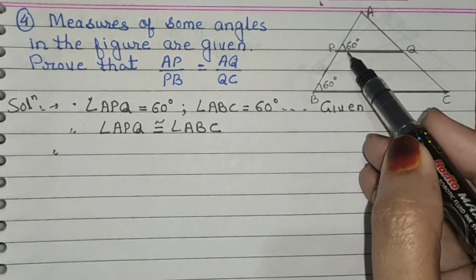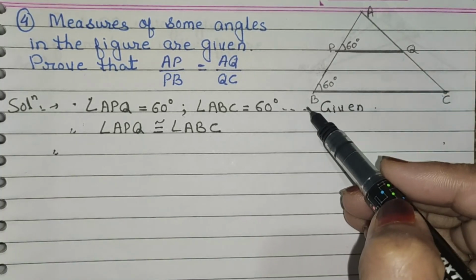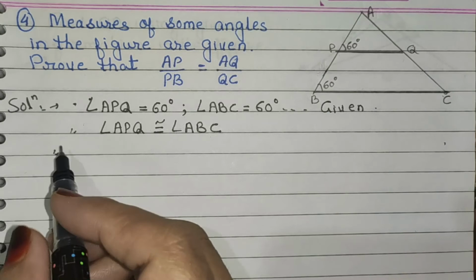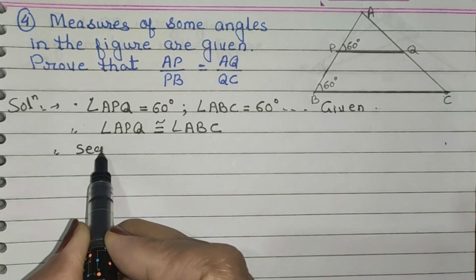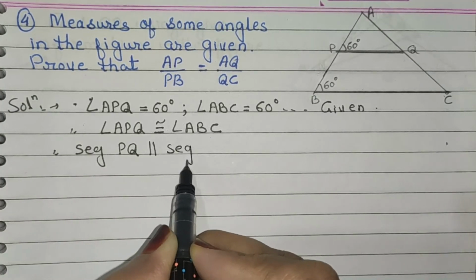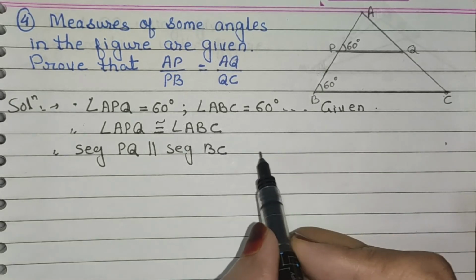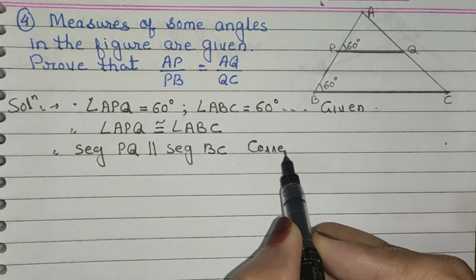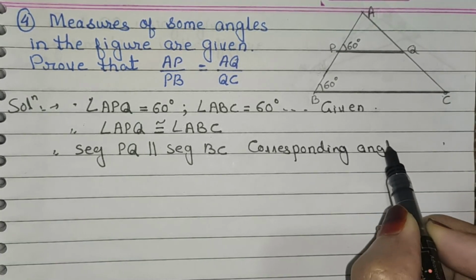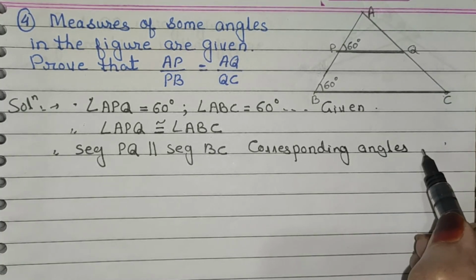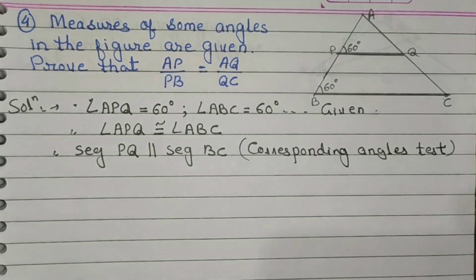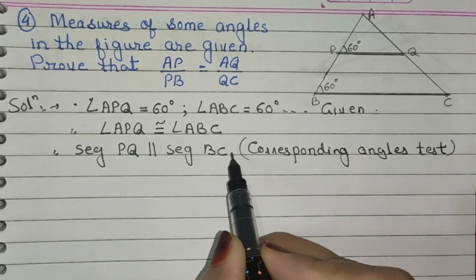Now it is a transversal line, and the angles are corresponding. Therefore segment PQ is parallel to segment BC, by the corresponding angles test for parallel lines. Now give it equation number 1.